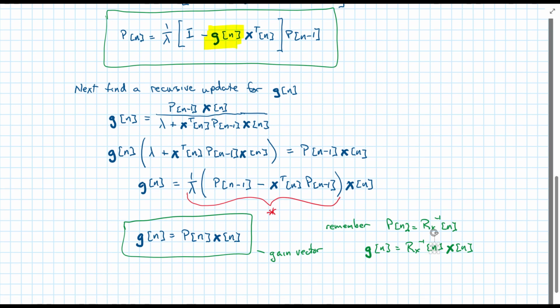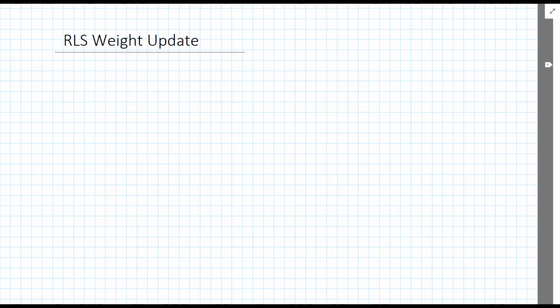The problem is that G appears in the equation for P, and P appears in the equation for G. So it turns out that this simple form, while instructive perhaps, isn't going to be useful in practice. We're going to have to revert back to the other, but we'll do that in due course as we get to our weight update.